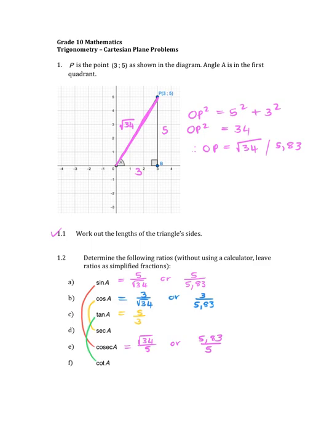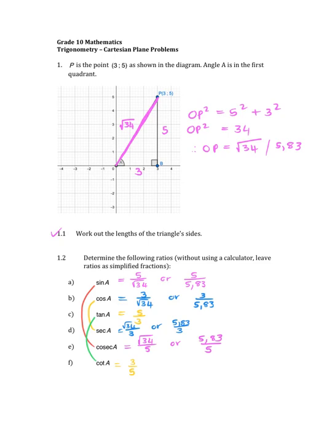So for sec, whose reciprocal is cos, if cos of A is 3 over root 34, sec will be root 34 over 3, or 5,83 over 3. That's pretty easy. If tan of A is 5 over 3, well then guess what cot A will be? Flip them over. It's going to be 3 over 5.